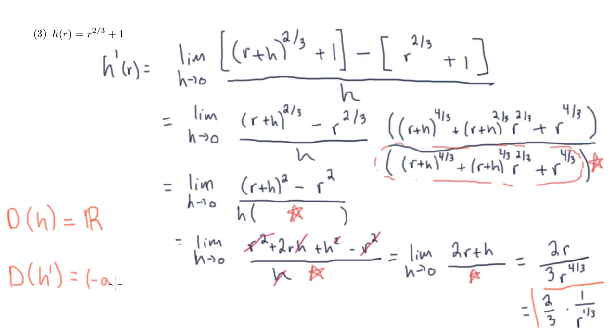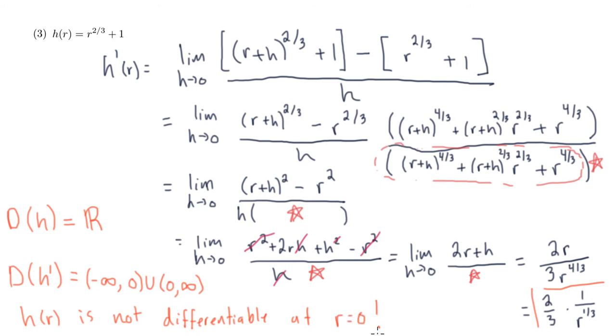So the domain of h prime is negative infinity to 0, not including 0, and then from 0 up to infinity. So basically all real numbers except 0. So what that tells us is that h is not differentiable at r equals 0.